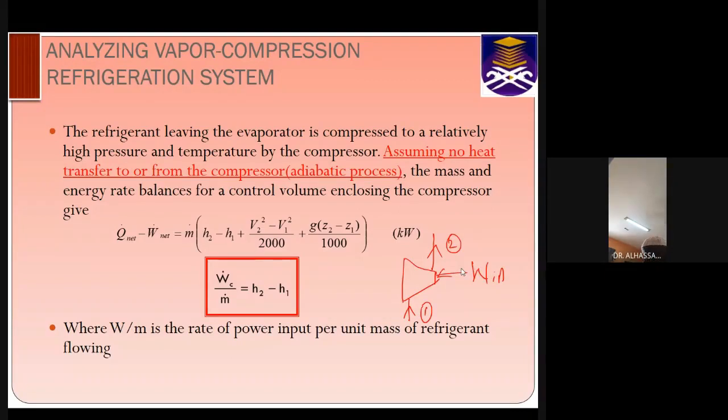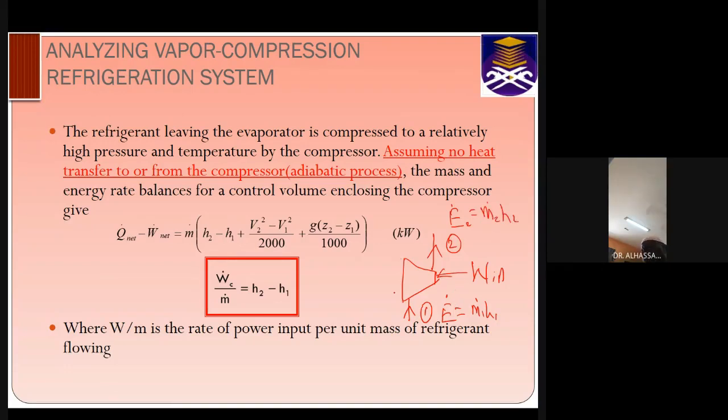Okay, so one technique I'll tell you is that, you see over here, the energy of a flowing fluid that enters the compressor is given by the mass flow rate of the refrigerant at state 1, M1, times the enthalpy H1. And similarly, E2 equals M2 times H2.